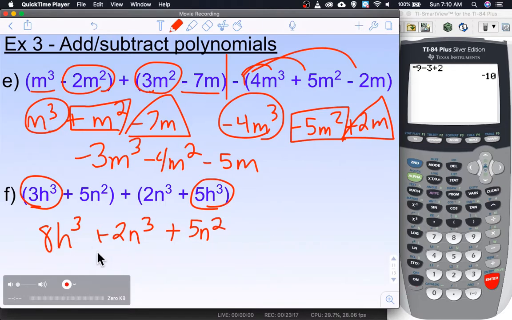Now out of these two, do you see how they're both to the third power? So these are both kind of on an equal playing field as to who should be first and second in the order. Although most mathematicians like to put our variables in alphabetical order. So if they're tied, they're both to the third power, I go alphabetical. So h comes before n. This is how you'd see it in most textbooks, although you could see these two reversed, and it's still mathematically correct.